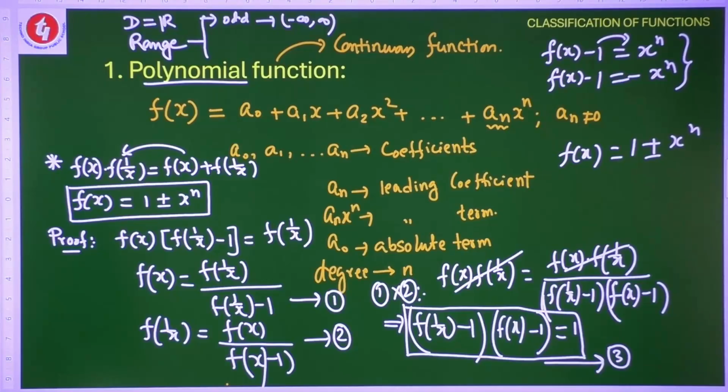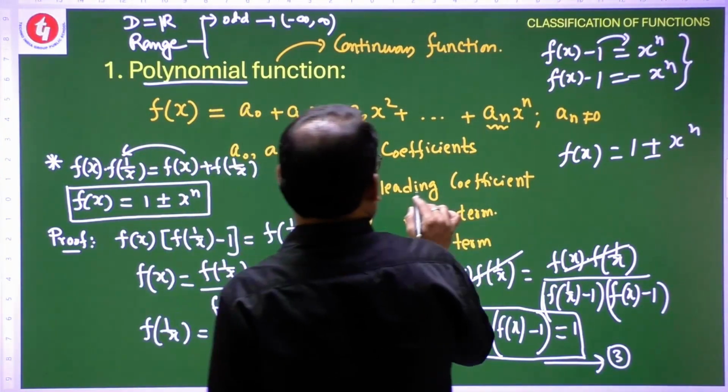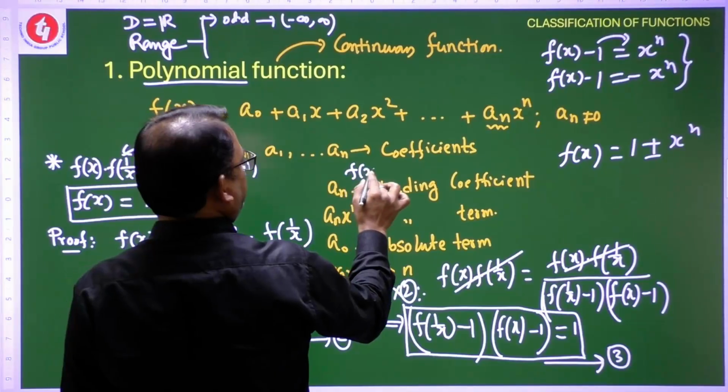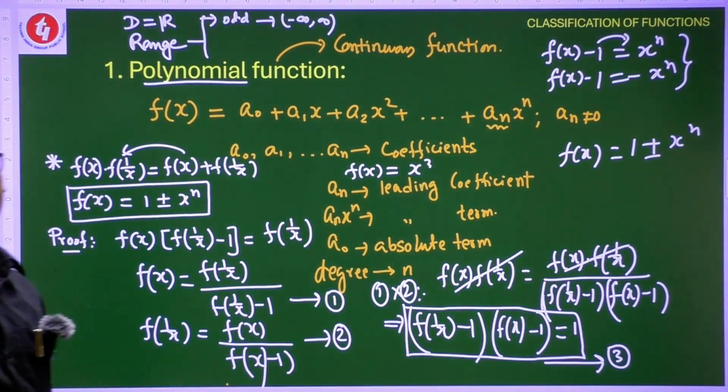Suppose we have f of x is x cube, an odd degree polynomial. If x tends to plus infinity, you will get plus infinity. If x tends to minus infinity, the answer will be minus infinity.